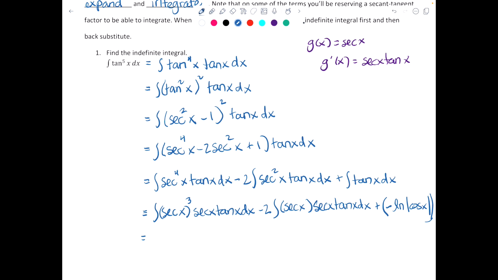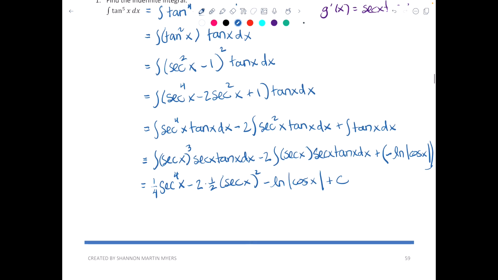So we'll have 1/4 times that secant function to the 4th power, and the angle is x, minus 2 times 1/2 the secant at x squared, right? And then minus our natural log absolute cosine at x plus c.